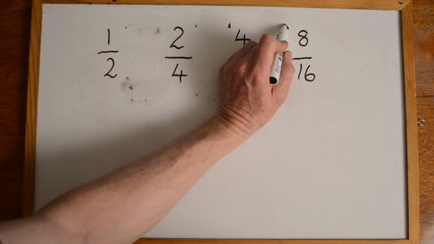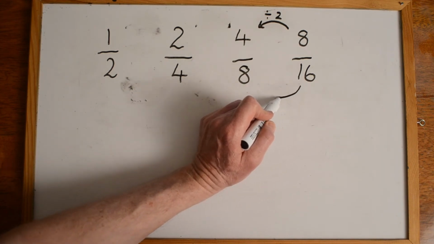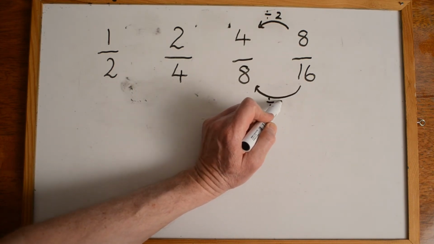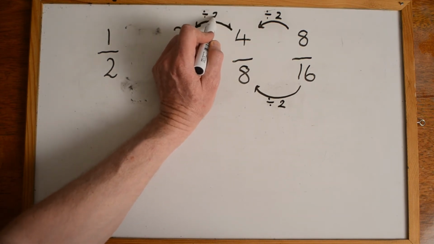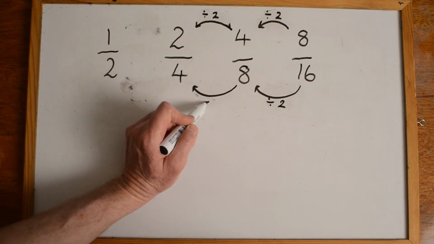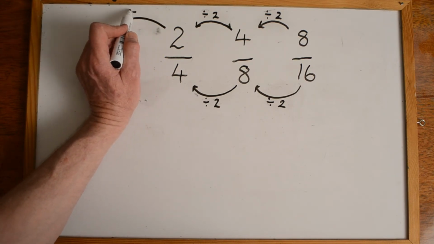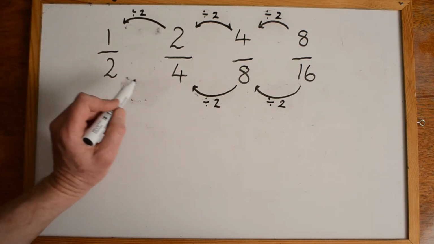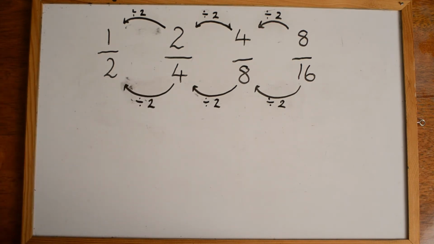So going back this way, it's divide by 2 for the numerator, divide by 2 for the denominator, and the same here, divide by 2 for the numerator, divide by 2 for the denominator. Because multiplication and division are inverse operations.